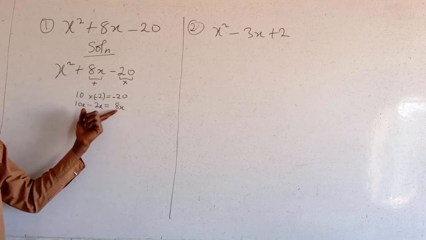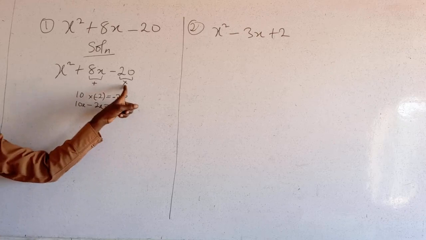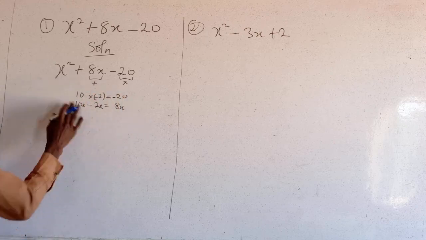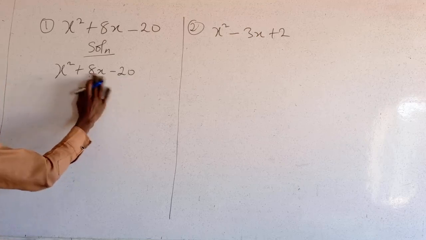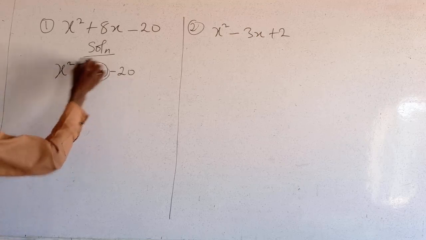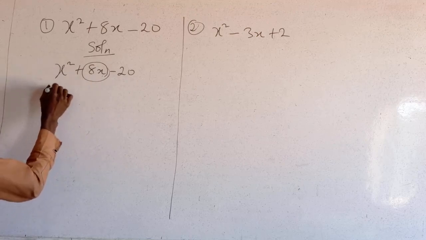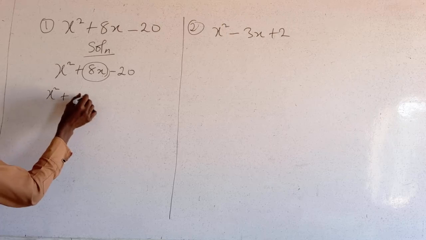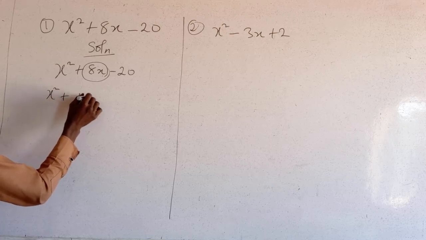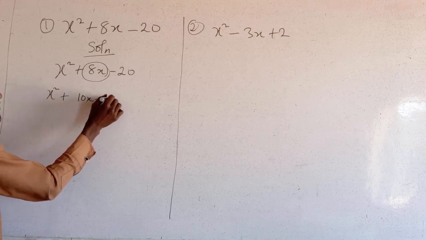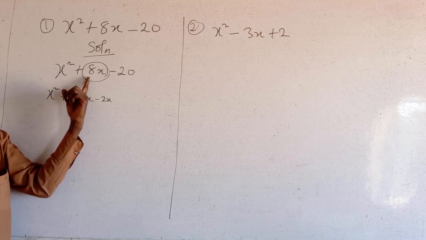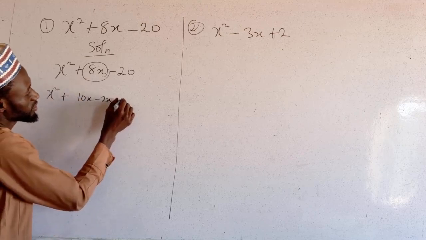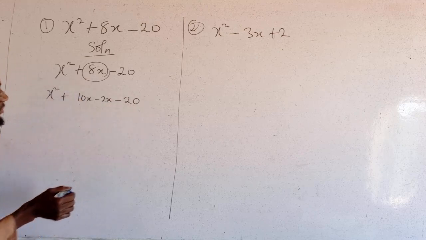These two numbers satisfy the equation. The next thing to do is put the two numbers to replace the middle term. We have x squared plus 10x minus 2x, which goes back to 8x, and minus 20.